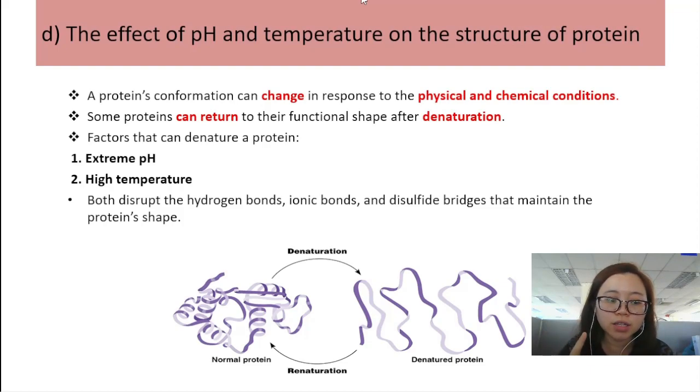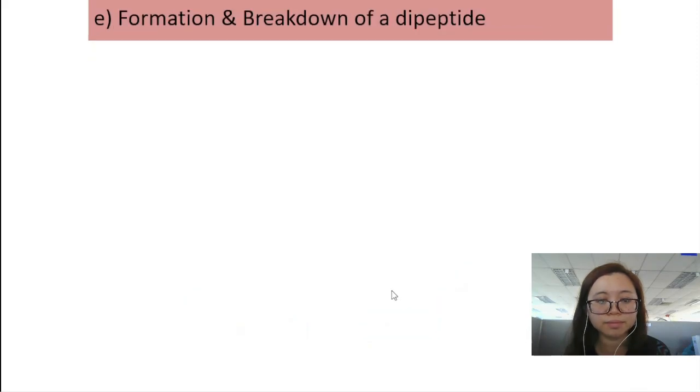Both these factors will disrupt the hydrogen bonds, ionic bonds, and disulfide bridges that maintain the protein's shape. So those bonds that are usually involved, secondary and tertiary, and also quaternary, I think, level of the protein. Dia akan terkacau dan dia akan terurai.